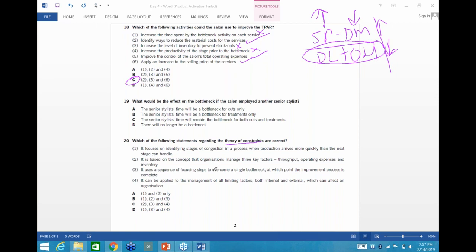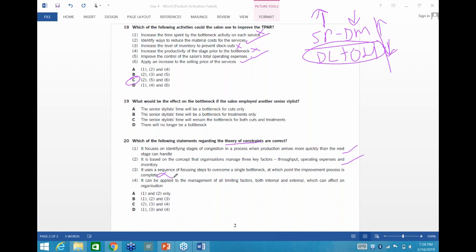It is based on the concept that organizations manage 3 key factors: throughput, operating expenses, and inventory. Perfectly right. So those are the 3 main aspects in throughput accounting. It uses a sequence of focusing steps to overcome a single bottleneck, at which point the improvement process is complete.